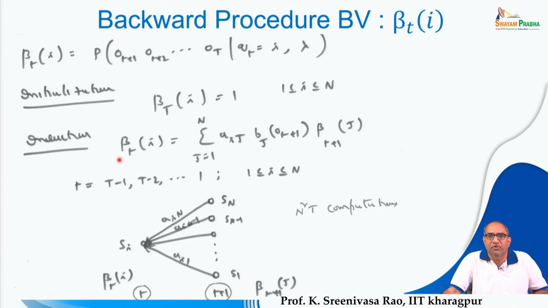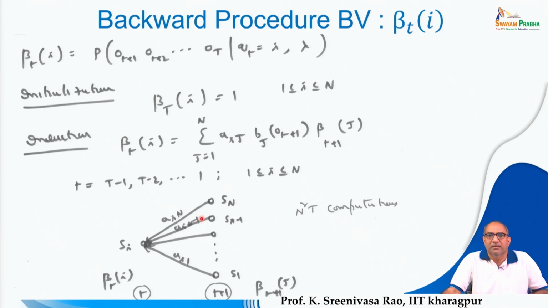So, that way you can compute beta t of i, which is nothing but at time t the system is in state i, given the observation sequence from o t plus 1 onward. At o t plus 1 the system may be in any one of the n states, right. Therefore, here the summation is j equals 1 to n, and this product takes care of that.